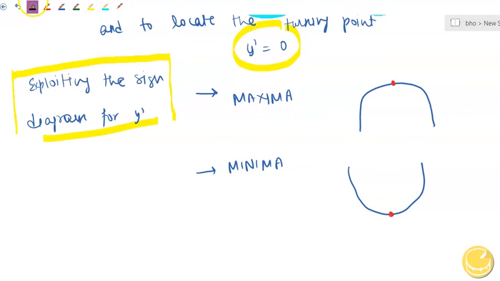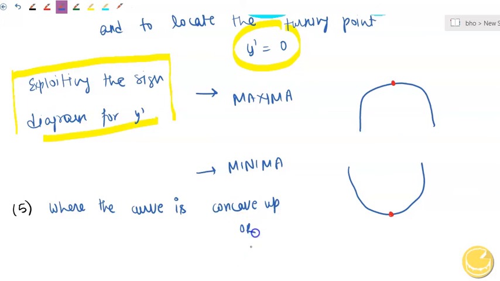The fifth step which we need to check, and it is the last step, guys, is where the curve is concave up or concave down.